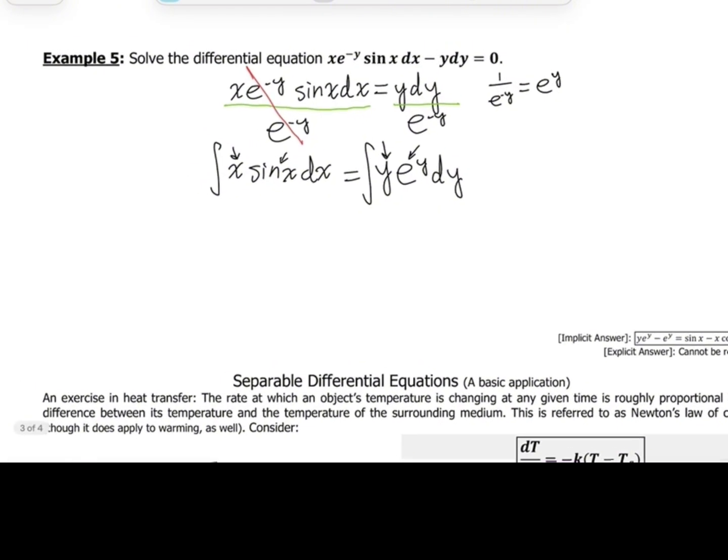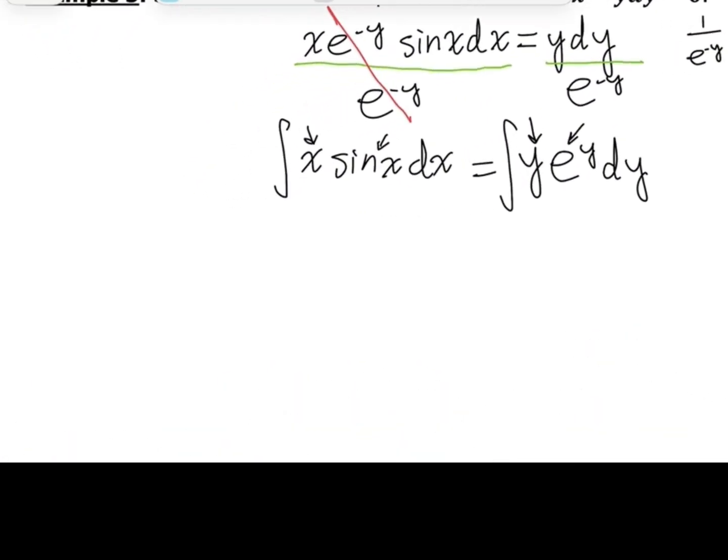So first, let's do tabular for x sine x dx. Remember, for tabular, we make this little table where on one side you'll have diff for differentiate, and on the other you'll have int for integrate. Always differentiate the polynomial. So if you have x, differentiate. Very simple, very straightforward. Now, if you have sine x and we want to integrate, first is negative cosine x on the first integration.